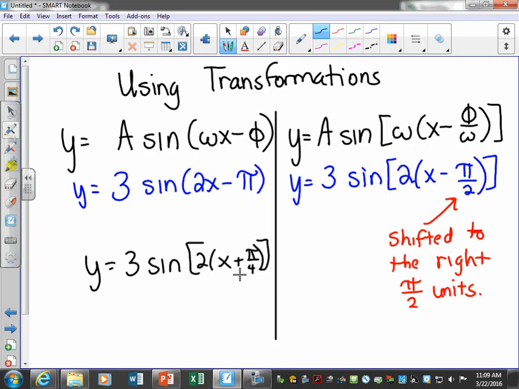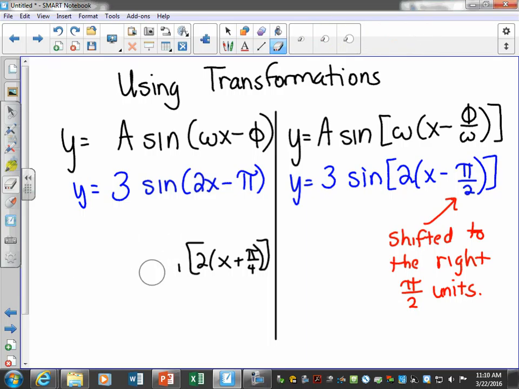This would be shifted to the left pi fourths units. So basically we'd be picking that graph up and moving it to the left. Anyway, that's just food for thought for some of your multiple choice type questions. If you understand transformations and you remember those, that's something that you could also use.